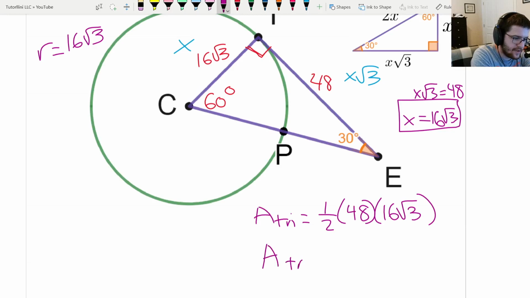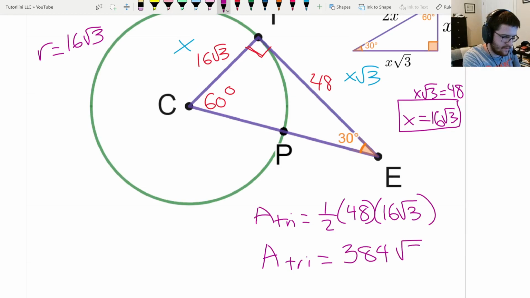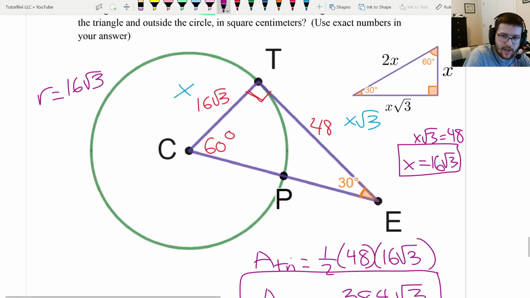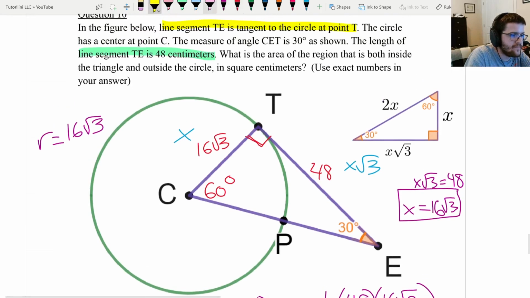So the area of the triangle is 1/2 times 48 times 16 root 3, which is 384 root 3. I bet that's important. And now this is something we didn't talk about in this video, but combined shapes are just like this. It wants us to find the area of the region that is both inside the triangle and outside the circle.